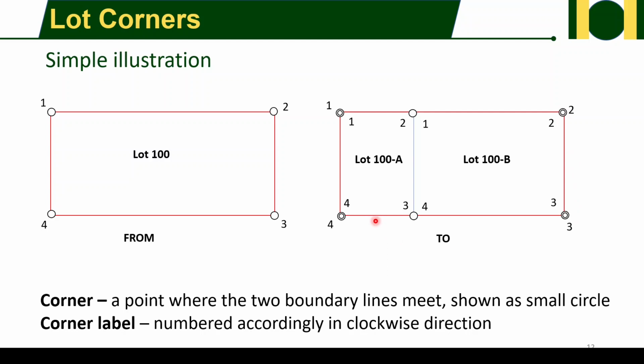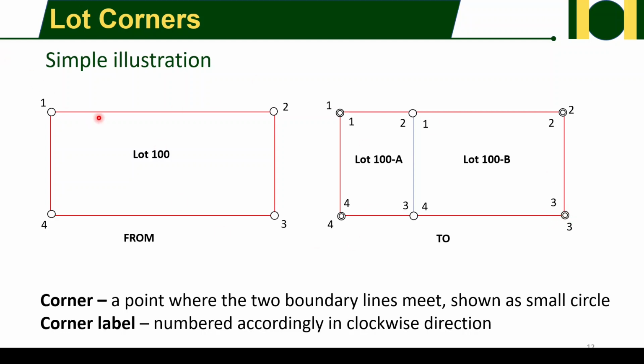And here also, corner 4 of lot 100A is equivalent to corner 4 of the boundary or motherland. So meaning to say, that is only one point on the ground. The double circle represents more than one corner, but it is being represented as one point on the ground.